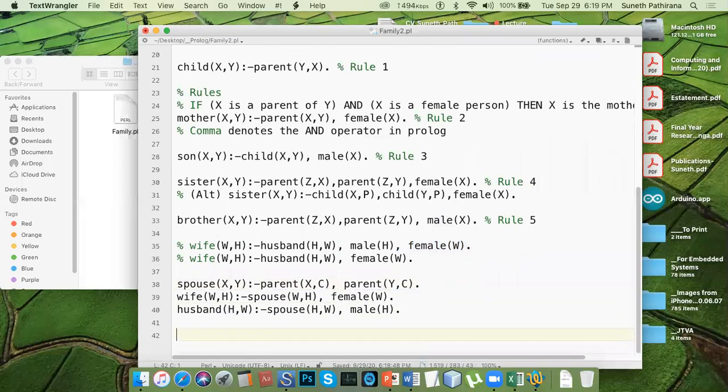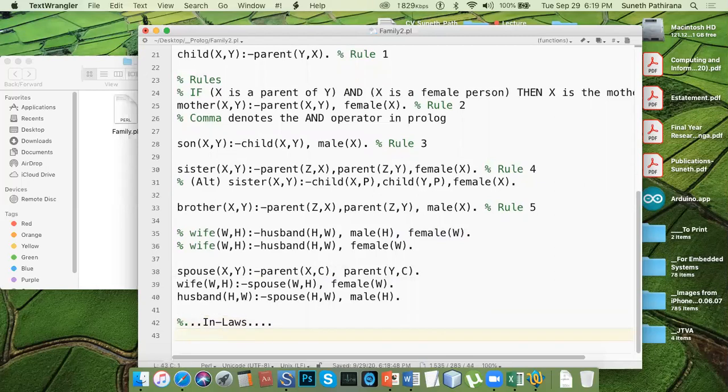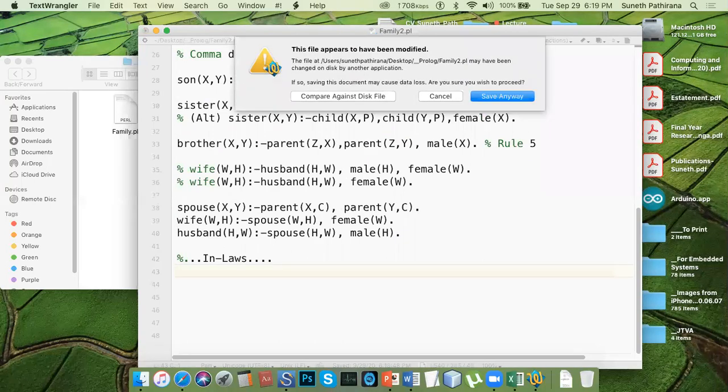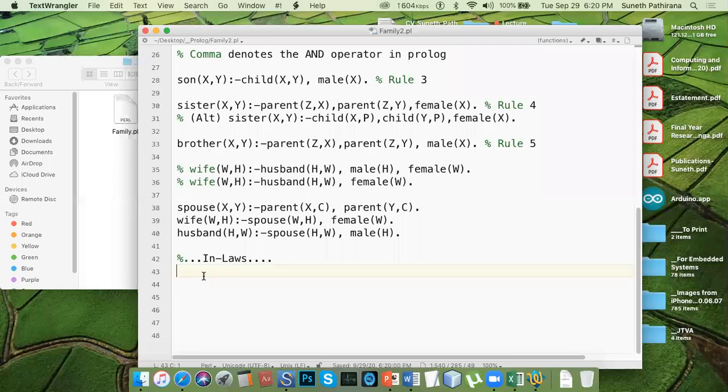And today we are going to introduce more complicated relationships, somewhat like in-laws. So who are in-laws? In-laws are not blood relations.